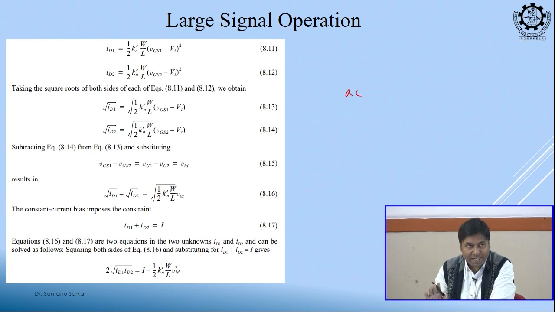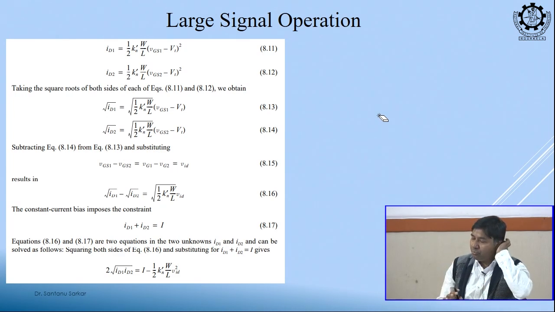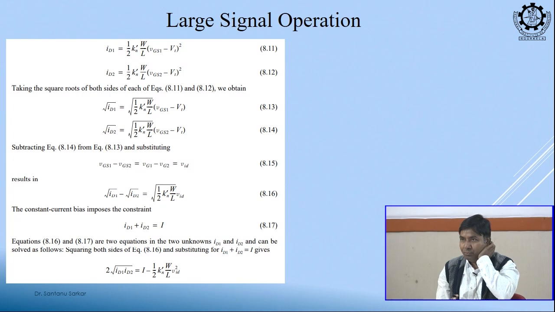Generally we neglect AC, and only the DC is considered in large signal analysis. If we consider what the output voltage is for an input DC current, that is large signal operation. So, in large signal operation, we will check what my input voltage is and what my output voltage is.